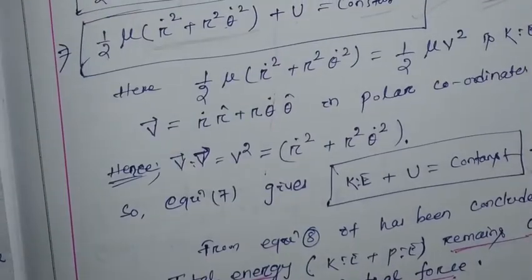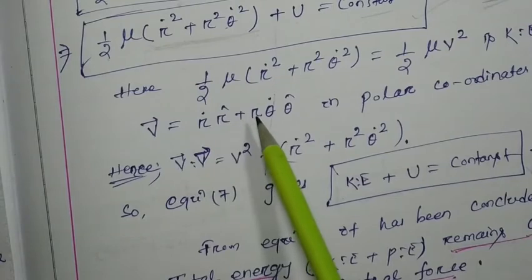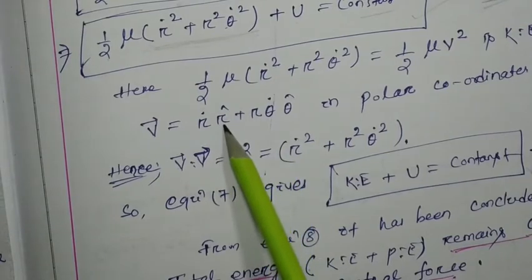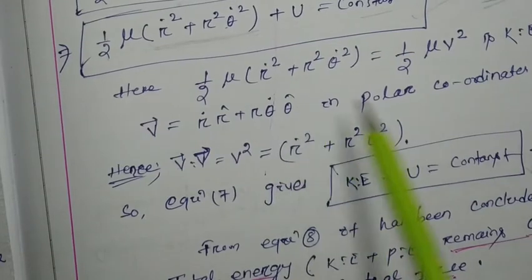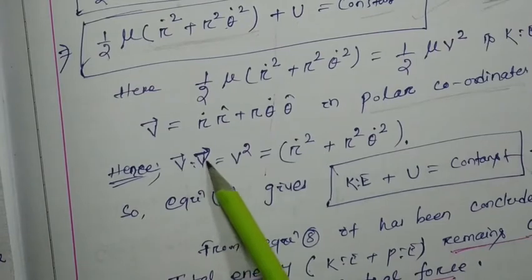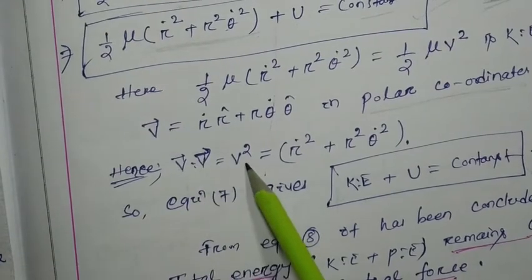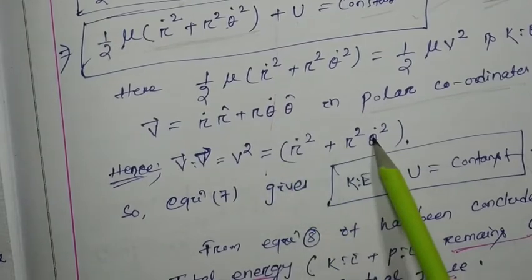See, v is nothing but r dot r cap plus r theta dot theta cap in polar coordinates, right? Now v dot v will be v square, which will be r dot square plus r square theta dot square.